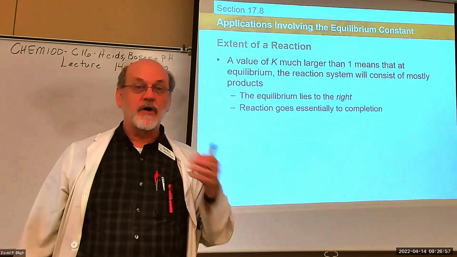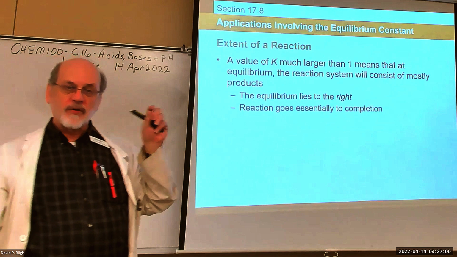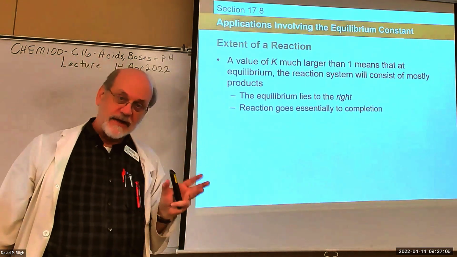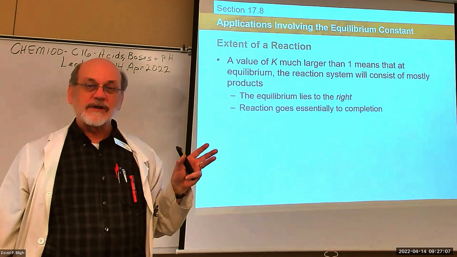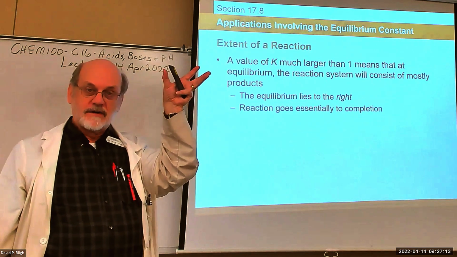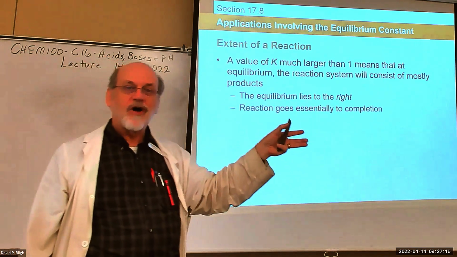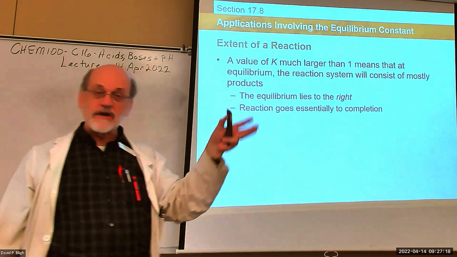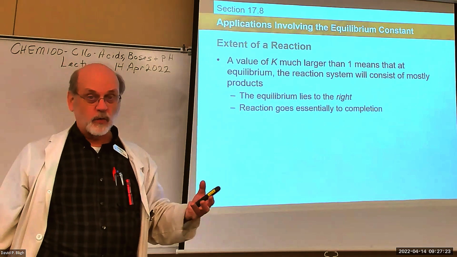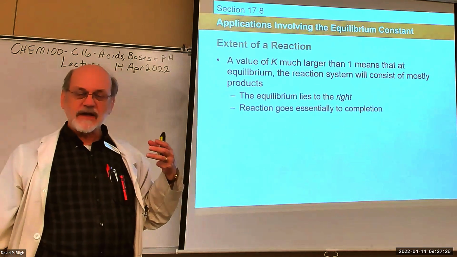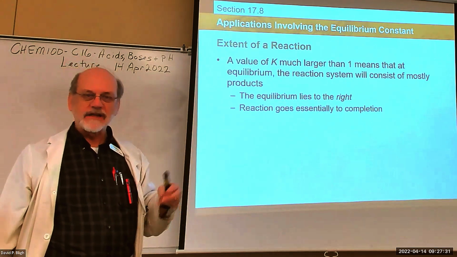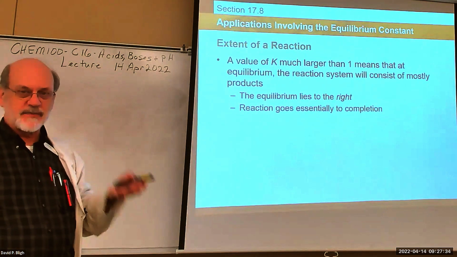What direction does it prefer? Remember, the products are in the numerator and the reactants are in the denominator. So if the value is extremely large, that means we're favoring the numerator, which also means we're favoring products. So we know that for a reaction where the K is very large, much greater than 1, we're looking at a reaction that heavily favors products and only leaves small amounts of reactants behind.